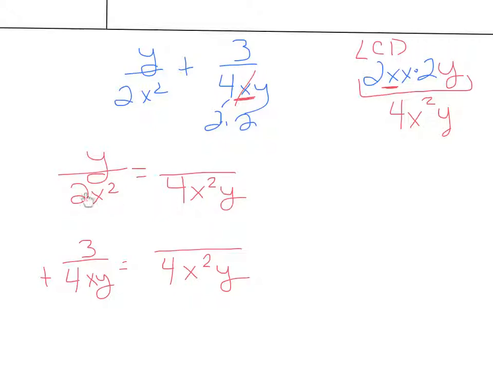Or what do I have to multiply times this to get this? Well, I have to multiply times a 2. So I'm going to put that 2 up here because I'm going to multiply times a 2. The x squareds match, so I don't need any x's, but there's a y missing here that pops up over here. So I'm going to put that same y up here. And when I multiply these together, I get 2y squared.